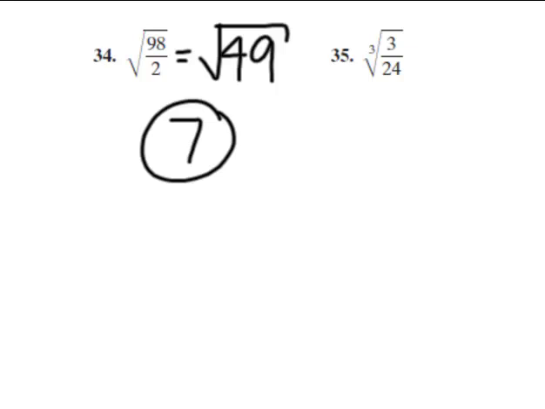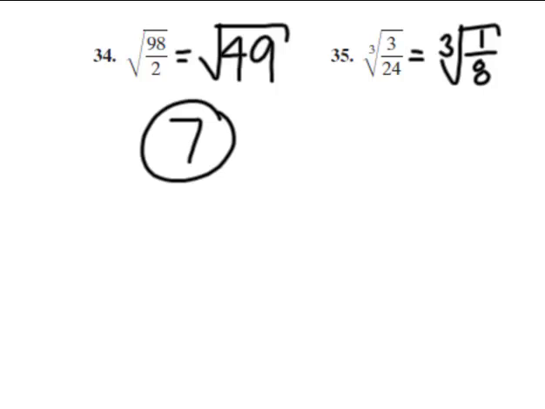So let's do the same thing for 35. We are taking the cube root of 3 divided by 24. So let's see if we can simplify what's on the inside. 3/24 simplifies to 1/8. We still have a fraction in there. So we can't do what we did for the last two problems.